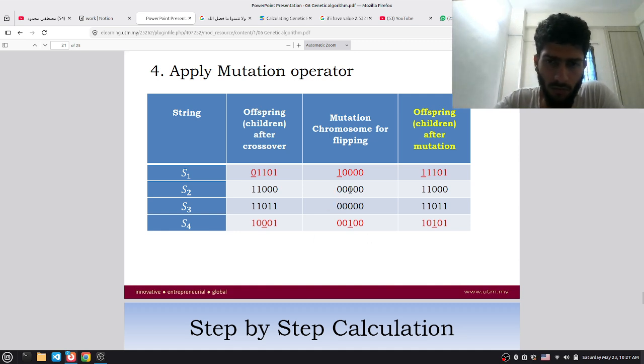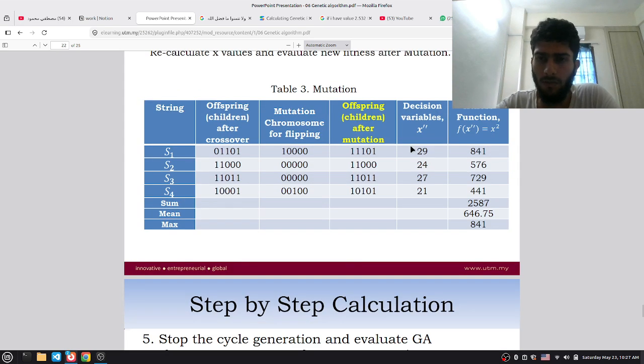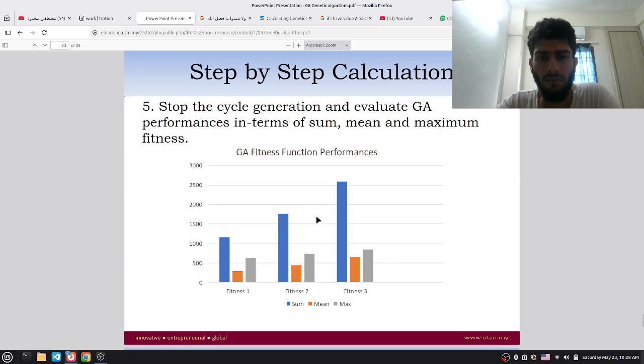We can put full zeros, or one value for a better offspring. So we just add this one to this part, and we get these values, and we get the power of 2, so it's going to equal this, so the sum, the mean over here, and the max value.